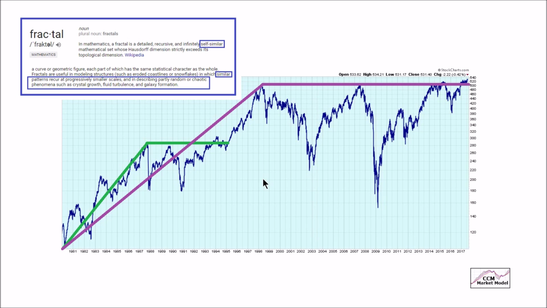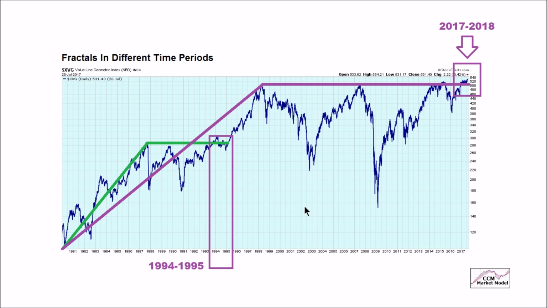If you've been following the markets closely in 2018, it's probably fair to say that it has felt random and chaotic at times. And notice here, progressively smaller scales. So think of this as a small snowflake that has a very similar structure, not identical, to a larger snowflake.